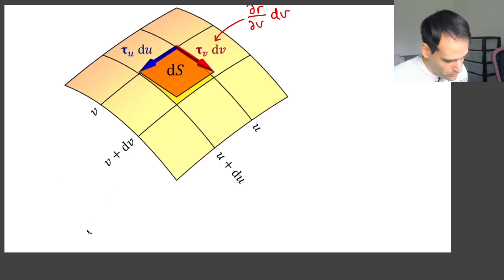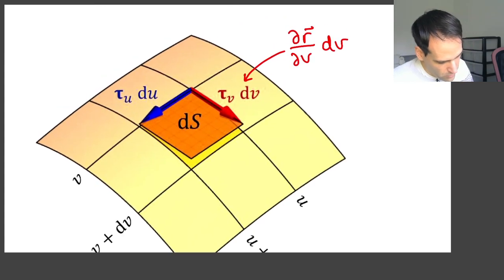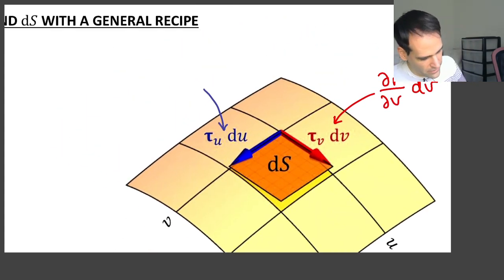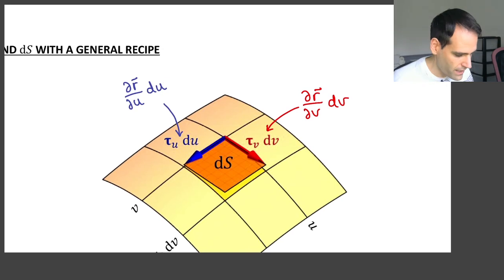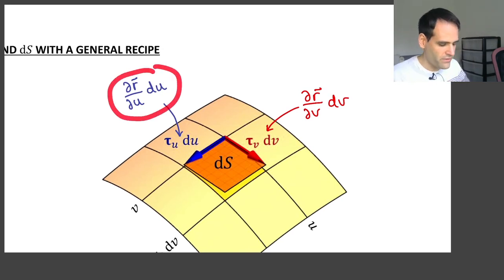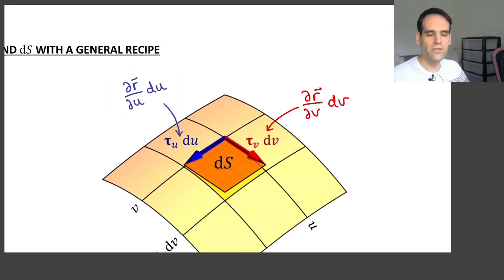Good. What about the blue arrow here? So the blue arrow here is going to be very similar. It's just we need to do the differential of r with respect to u times du. Now this is like the differential of r when dv is 0, but du is not 0. Maybe I can add that refresher.